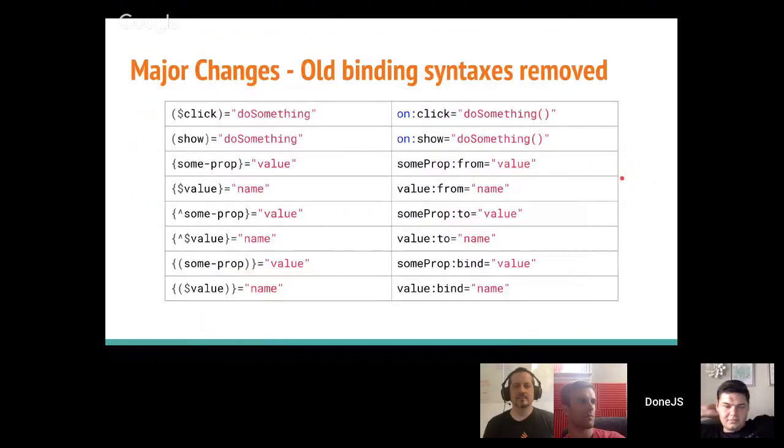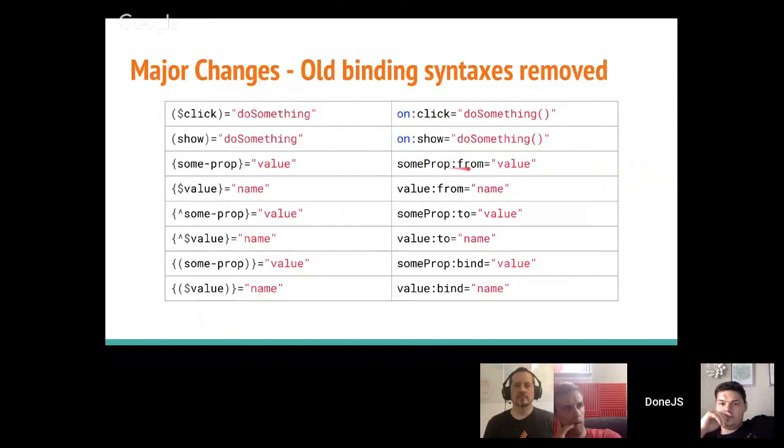The first major change is that the old binding syntaxes have been removed. Again, this is something that's been deprecated for a while. There's a lot to learn with the newer syntax, but we can summarize it here. Hopefully it's much easier to learn than the old syntax. There are no more special characters. Everything can be camel cased. And there are some other small changes. So for event bindings, you'll want to use the new on bindings.